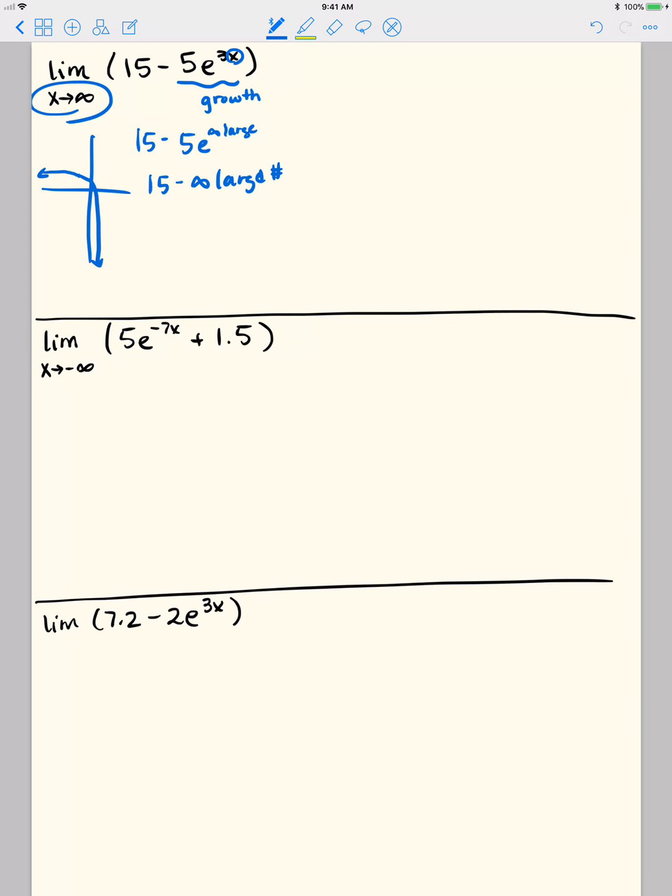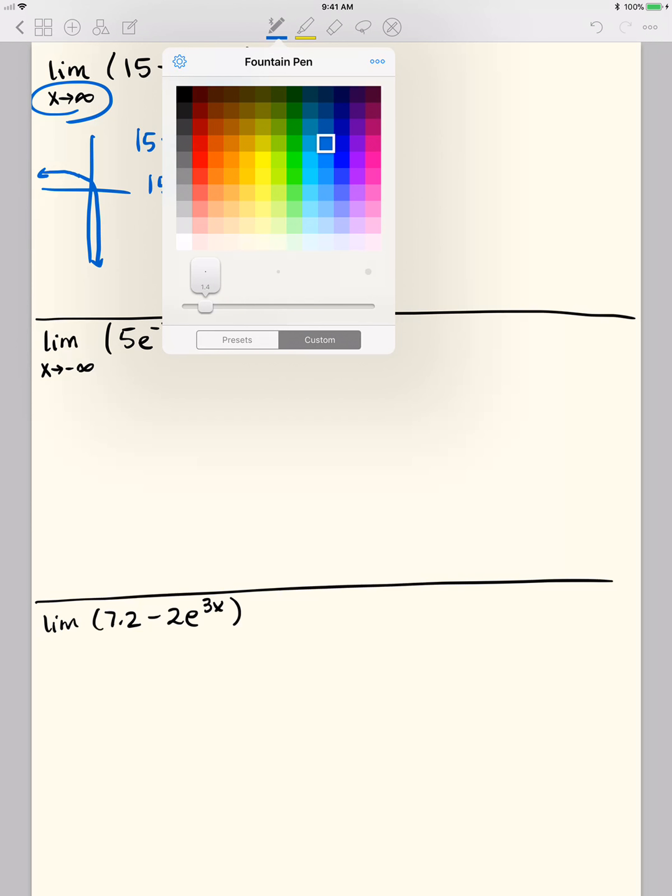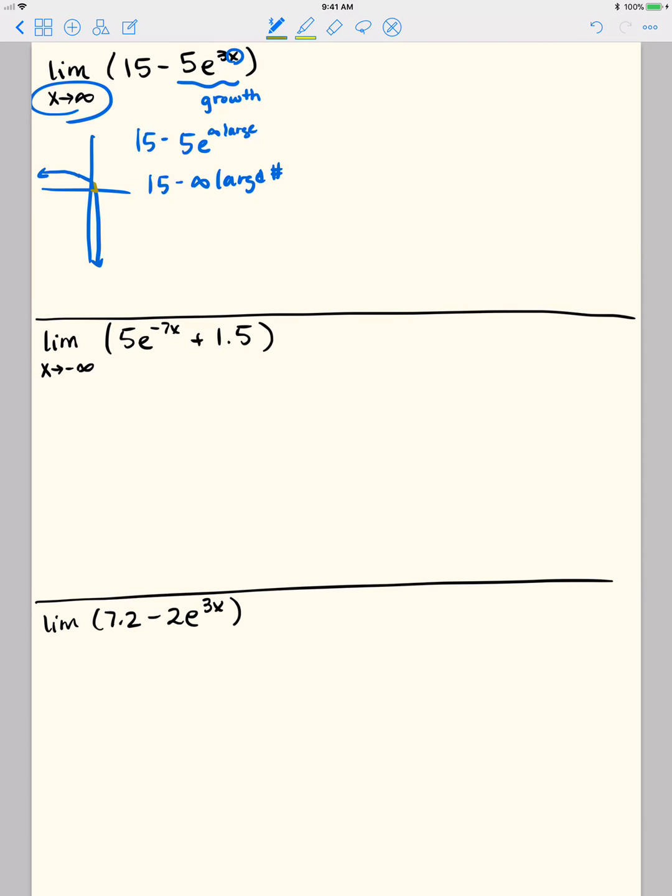Again, this is looking as x approaches infinity, not negative infinity. That would be a different limit. But as the x value approaches infinity, we're looking at what happens to the function value. This one ends up, because you're doing 15 minus an infinitely large number, the answer is just going to get infinitely large in the negative direction, and the limit value goes to negative infinity. Okay.